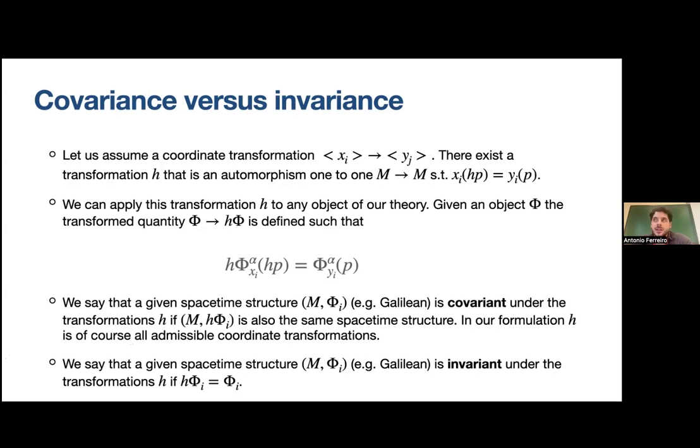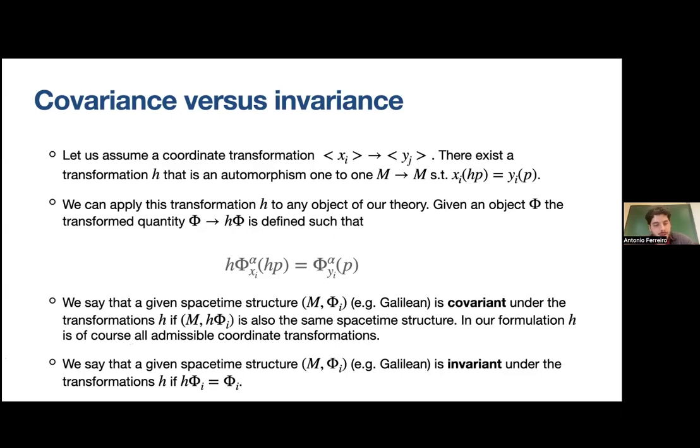That could be the metric of the Minkowski space-time. It could be the extra structure we added to Newton's space-time, and so on. So given any kind of object, we transform this object with this given transformation H, as I write there, in a given coordinate. Remember, every transformation H is associated with some coordinates.